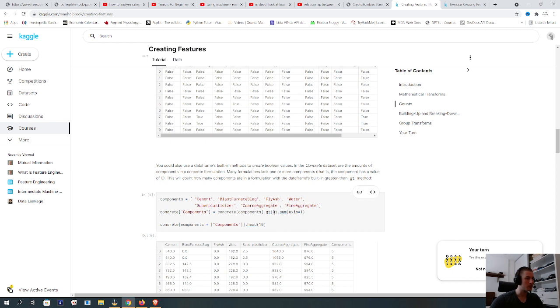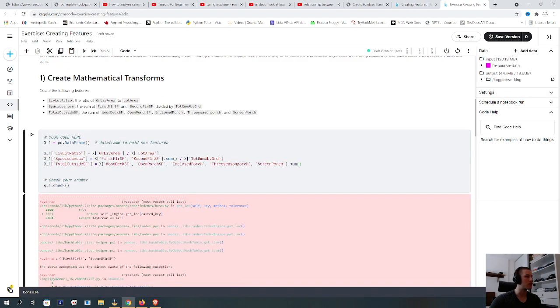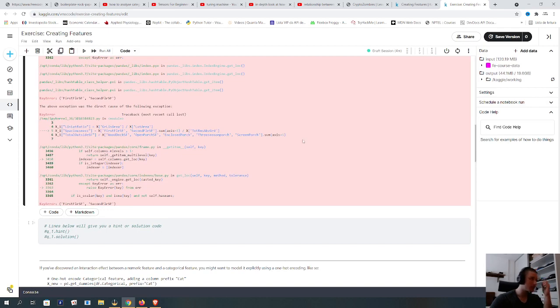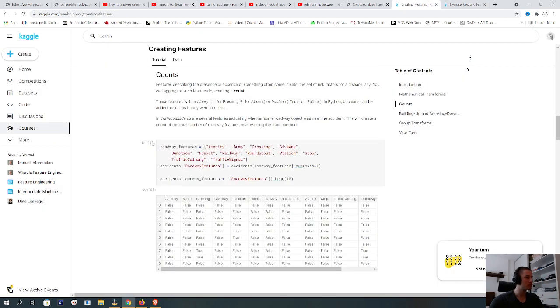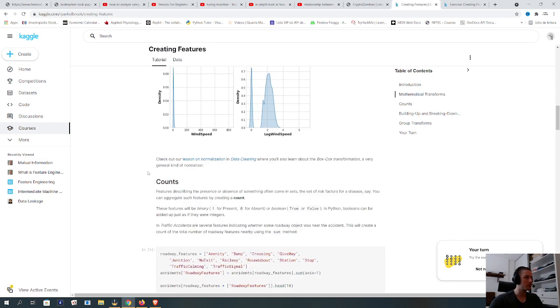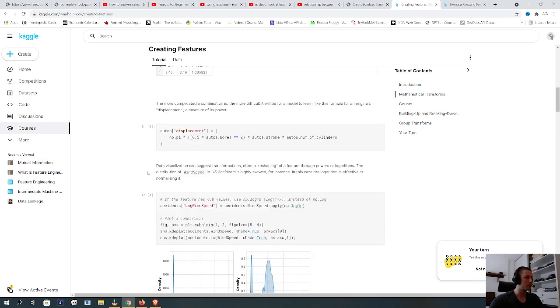No, but here it is using sum. Maybe I need to put axis equals 1. Can do dot apply and then sum.